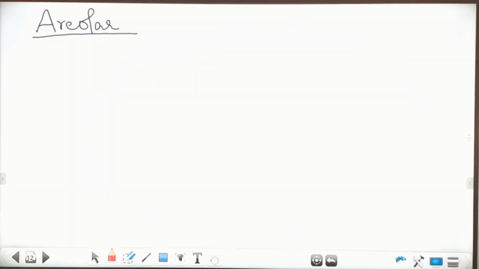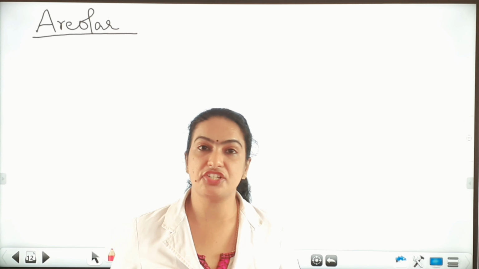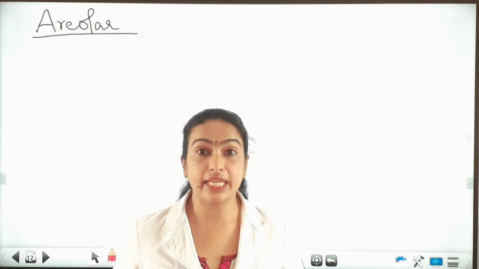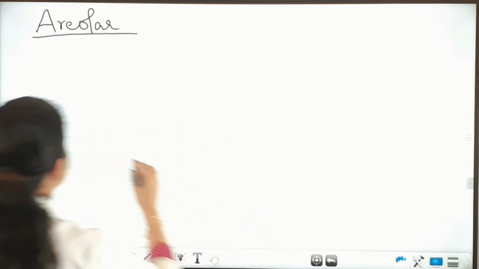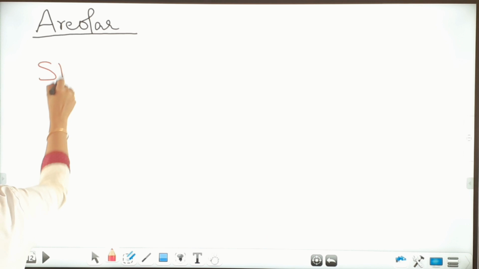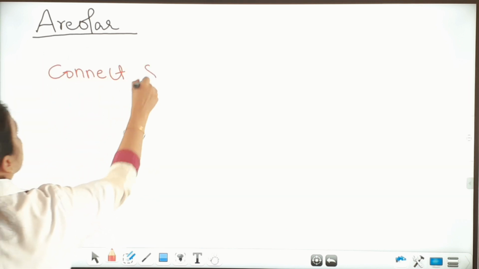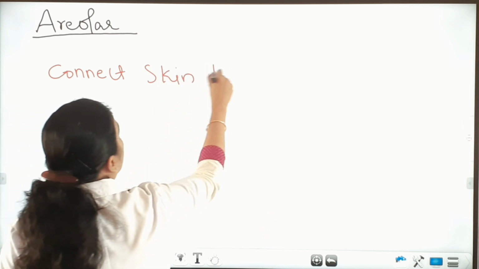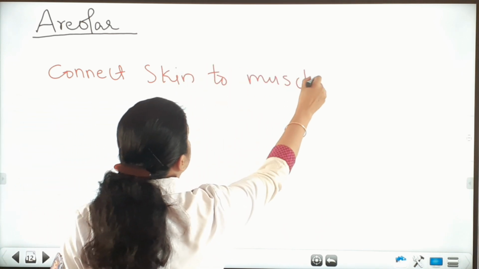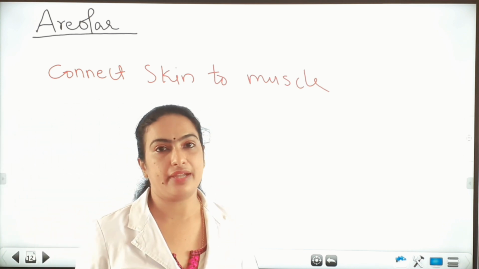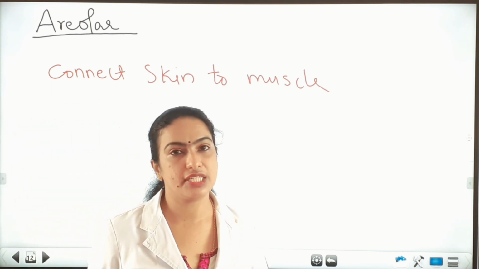And next we can see the next connective tissue, that is areolar tissue. Areolar tissue connects skin to muscle. Actually this is loose connective tissue. The cells are loosely packed. So it is called a loose connective tissue.